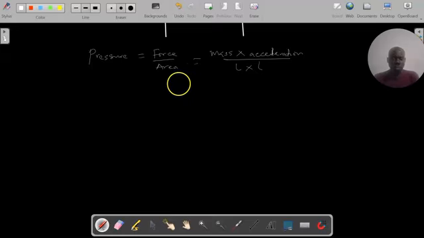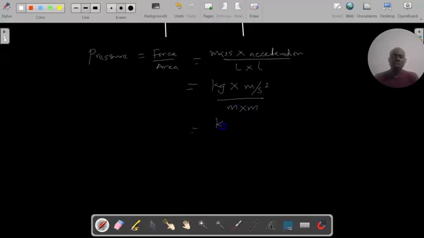That will enable me to simplify this further. Mass, the unit is kilogram, multiplied by acceleration, the unit is meter per second squared, and then divided by meter multiplied by meter, which is meter squared.